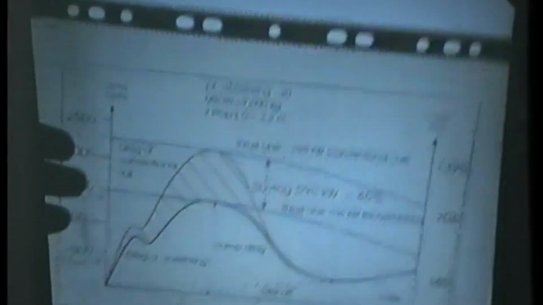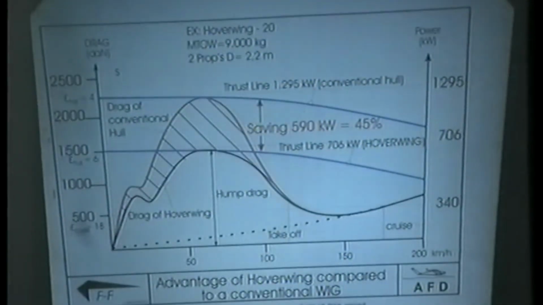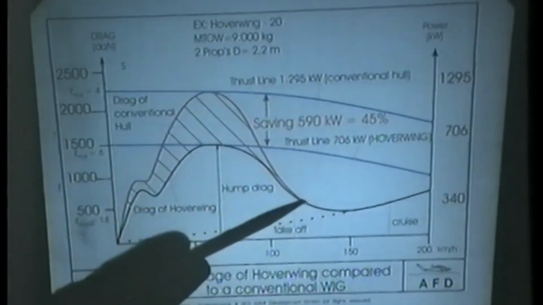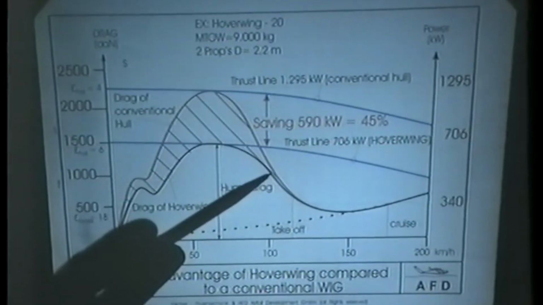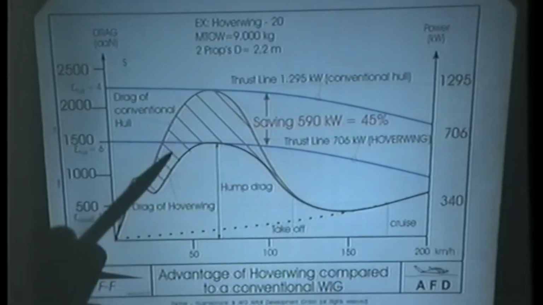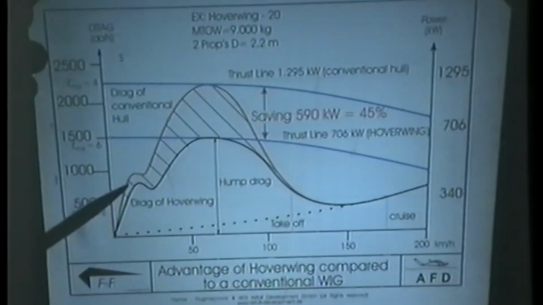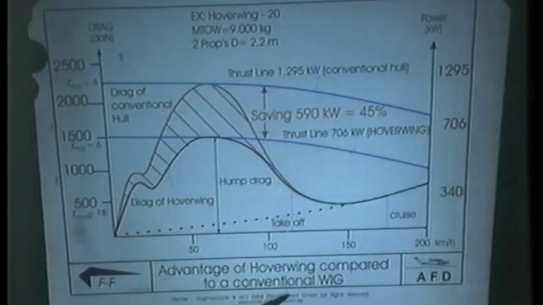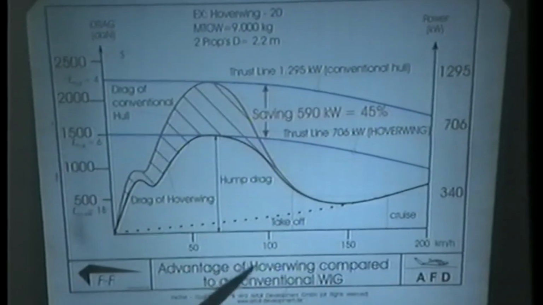And now I will come to the Hoverwing results. We plotted here the conventional ground effect craft like Airfish 1 without any air cushion help during takeoff. So this is a Hoverwing 30, I think, yes.